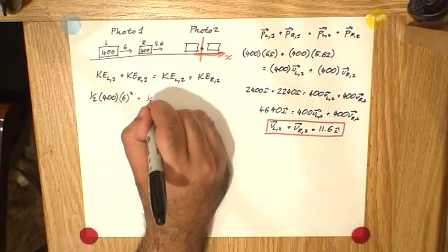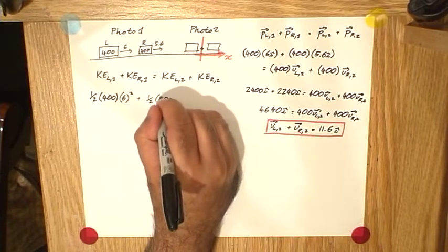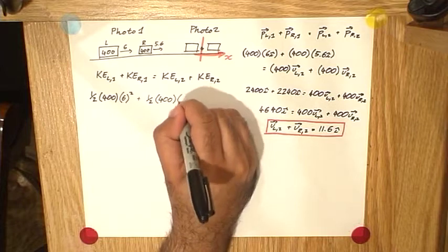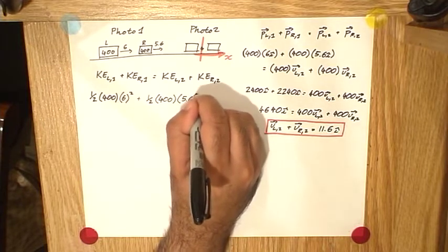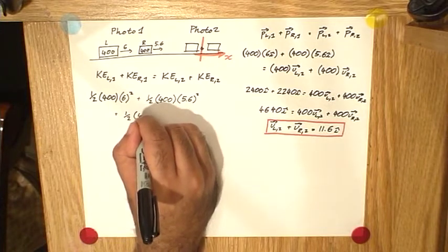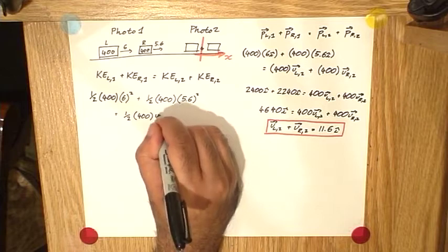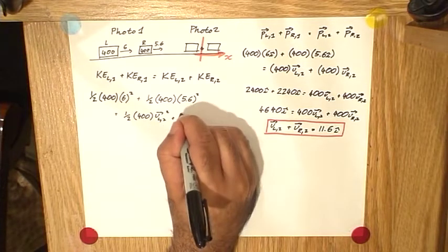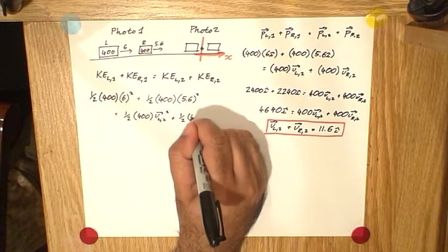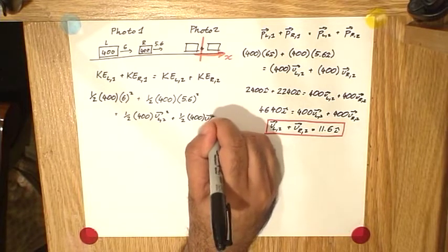Plus 1/2 times the mass of the right car, which is also 400, times its initial velocity, 5.6 squared, is equal to 1/2 times 400 times velocity of the left car in photo 2 squared plus 1/2 times 400 times velocity of the right car in photo 2 squared.